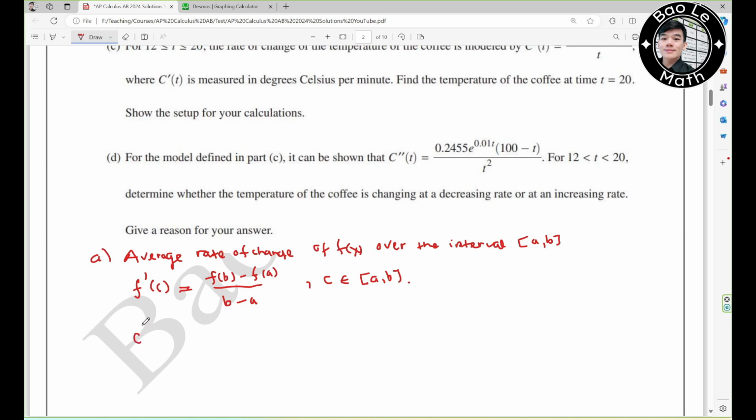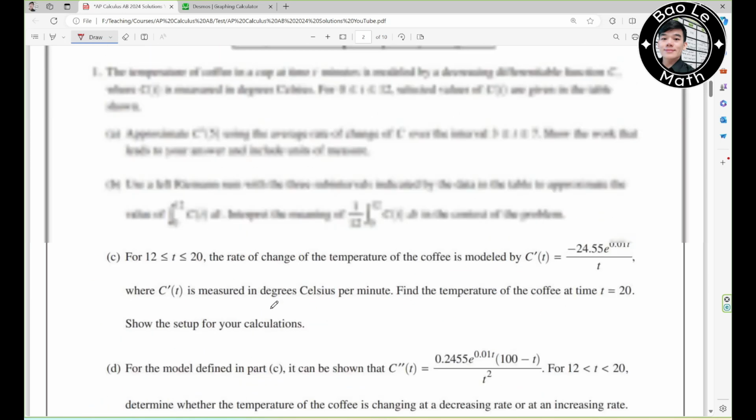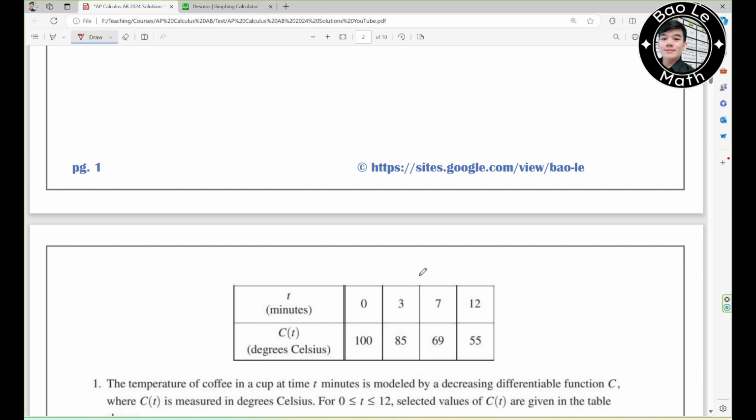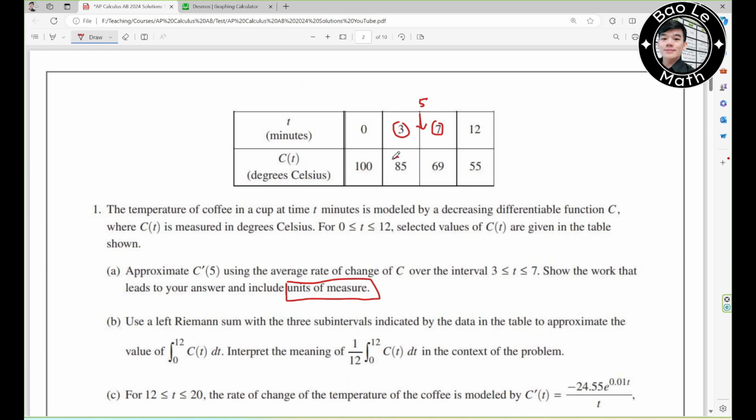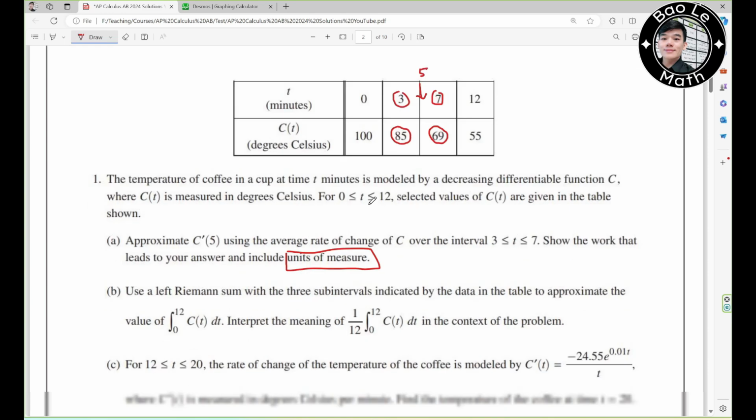So we have C prime of 5 equals, now 5 is in the interval [3, 7], right? C of 3 is going to be 85, C of 7 is going to be 69.